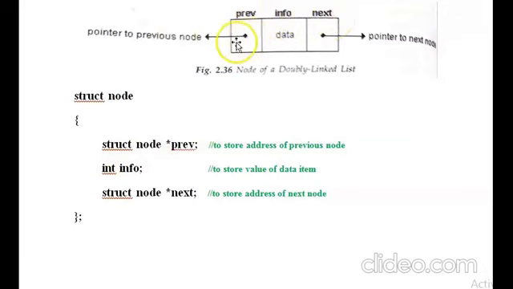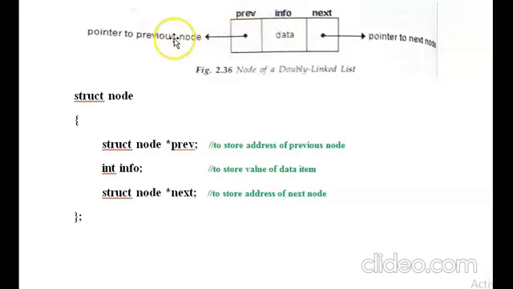So here, since this PREV and next are pointing to nodes of this type, these addresses, or links, are called self-referential links, because they are pointing to a node of the same type.